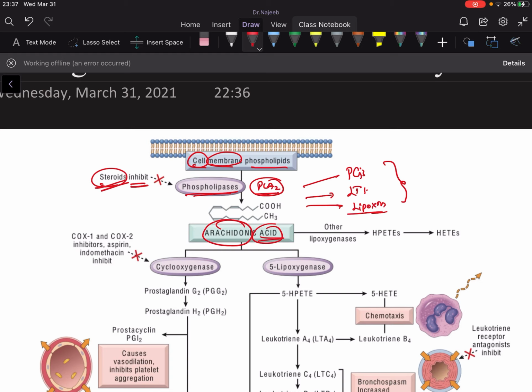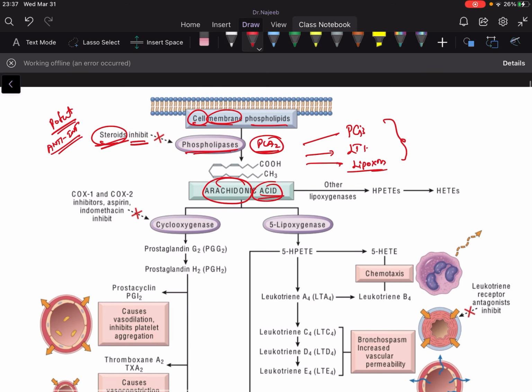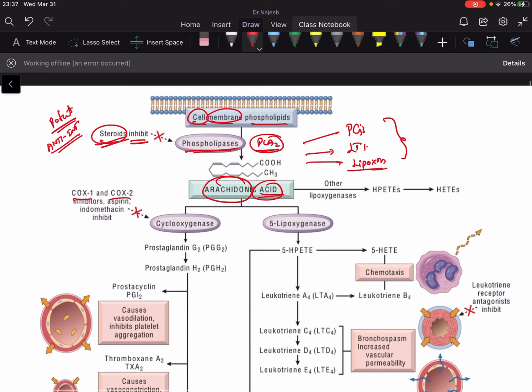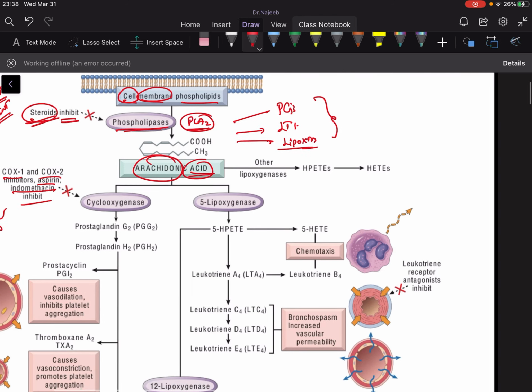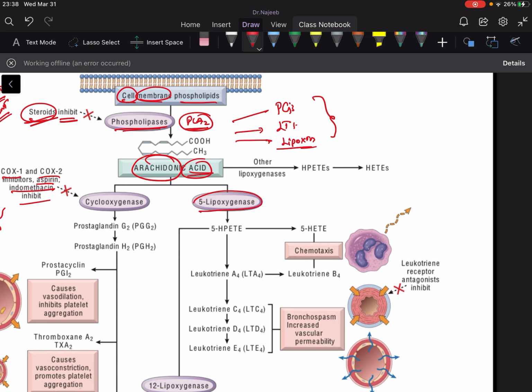So steroids are considered the most potent anti-inflammatory drugs. Next we will talk about COX-1, COX-2, aspirin and indomethacin. All these will inhibit the synthesis of prostaglandins. I already talked about the COX-1 and COX-2 pathways. Next we will talk about the 5-lipoxygenase inhibitor.